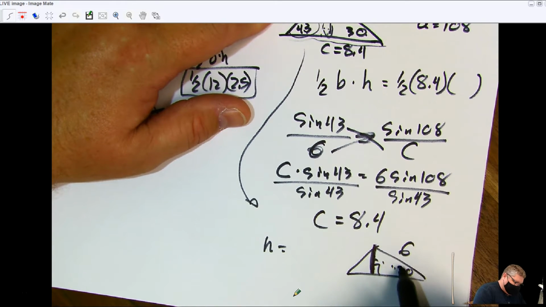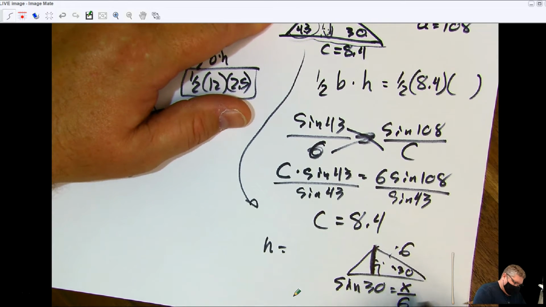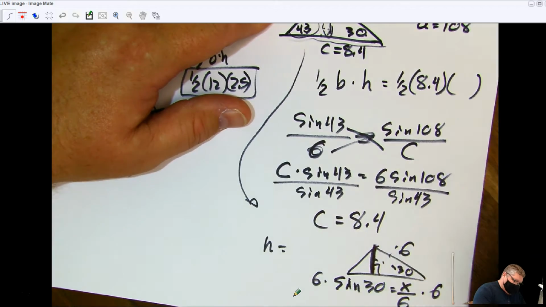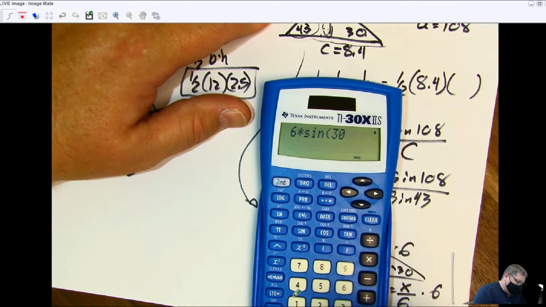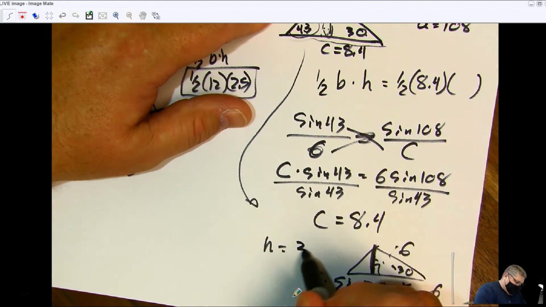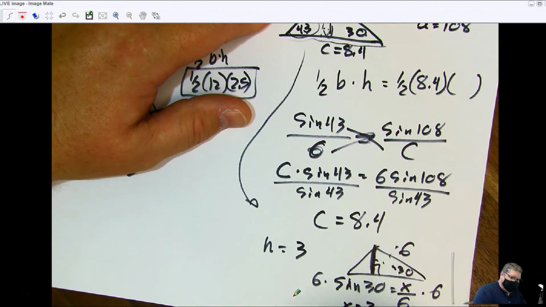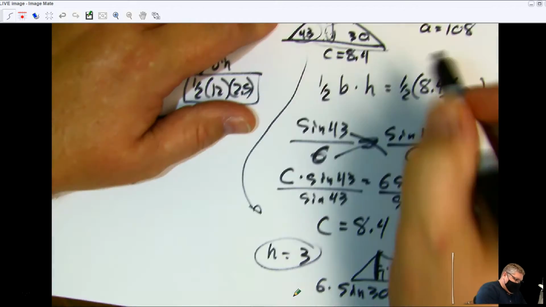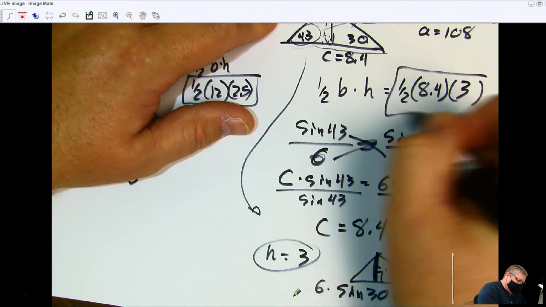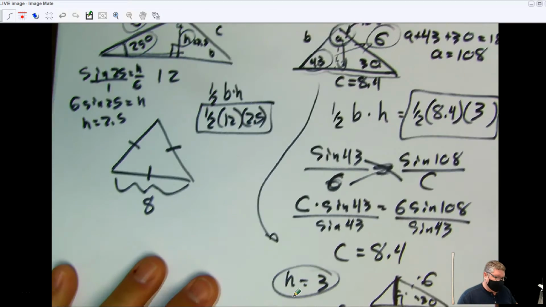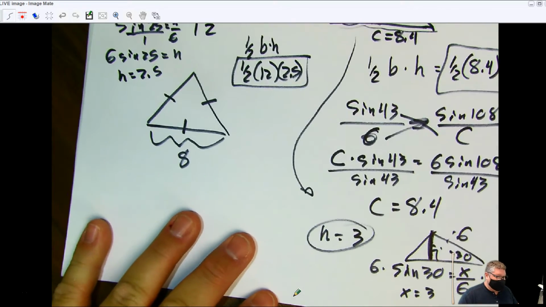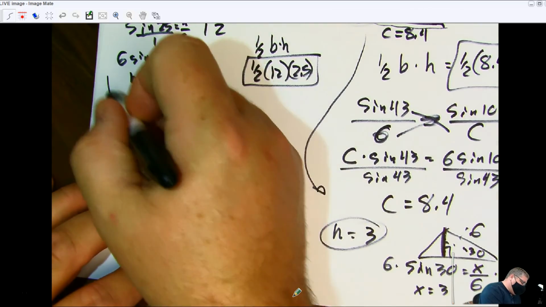Sine of 30 equals the thing I don't know over 6. Multiply both sides by 6. 6 times sine 30, which should be 3. Yep, it is. X equals 3. So the height here equals 3. Now I can plug that right in here and find my area. You'll notice I had to use the law of sines and I had to use the area formula. Guys, this is where you're headed when you're talking about Algebra 2.